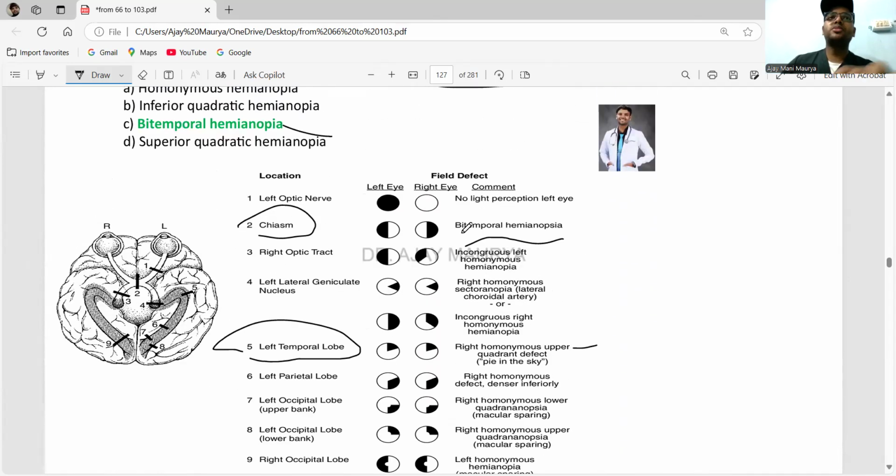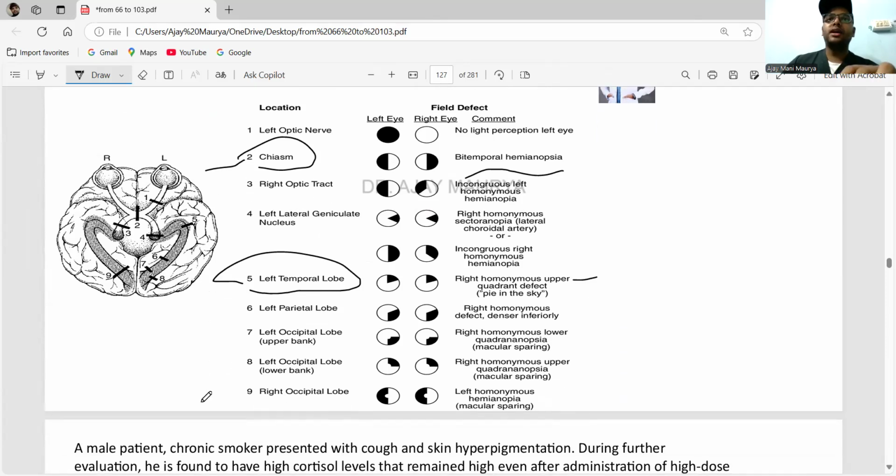Most of the time they are going to ask about the chiasma, and also about the sparing. What is the sparing here? They may ask the location as the right occipital lobe. Then the diagnosis will be what?